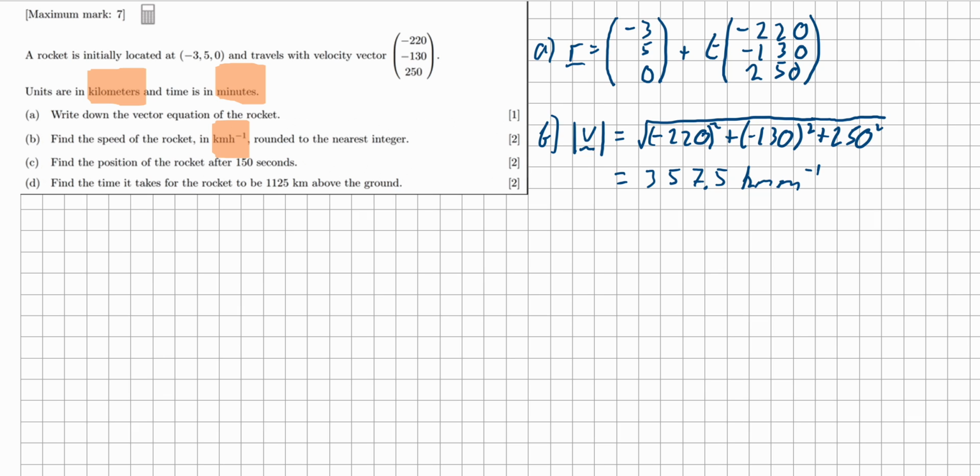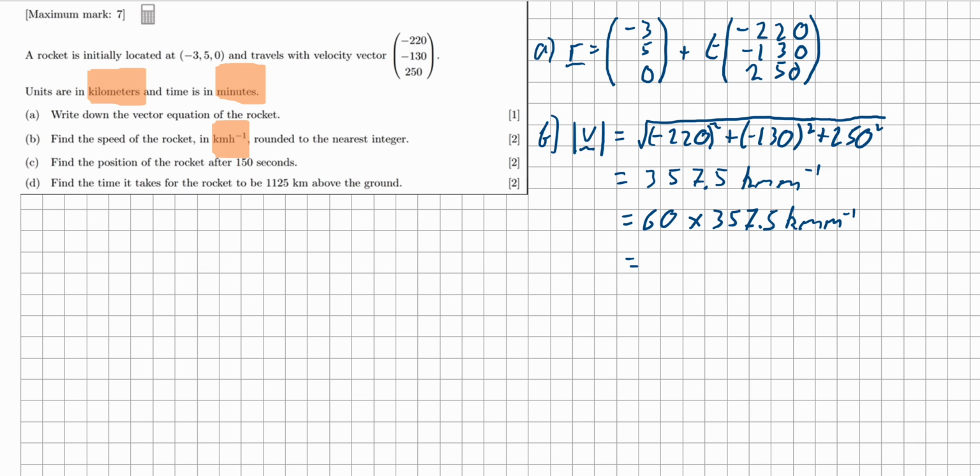So all we need to do is 60 times 357.5 kilometers per minute. I'm multiplying the full answer by 60.